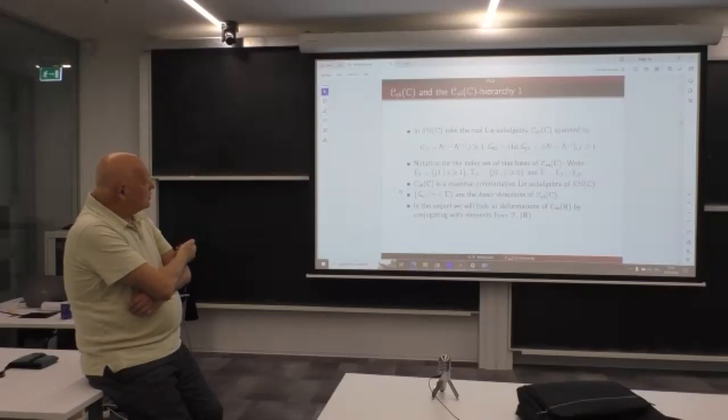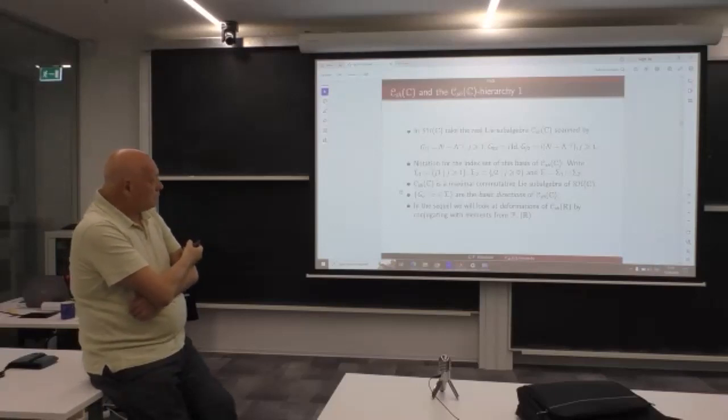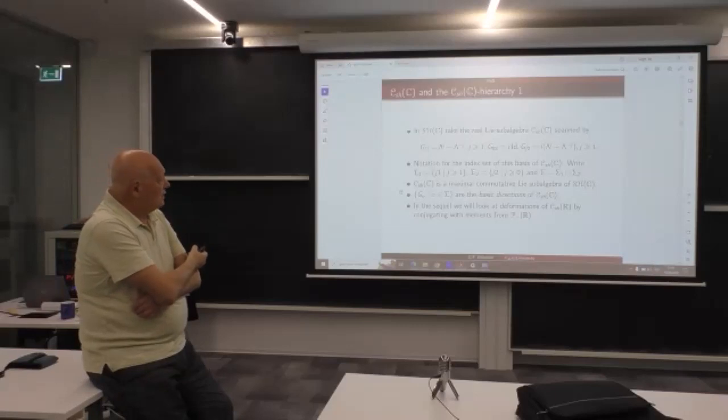Those are the matrices with real coefficients, and G02 and J2 are the matrices with imaginary components.